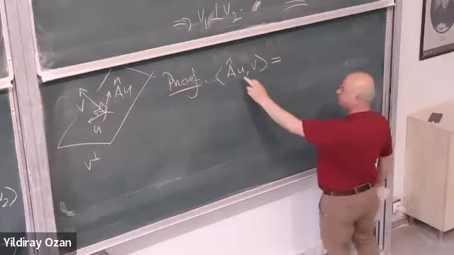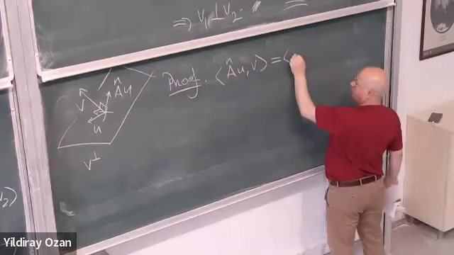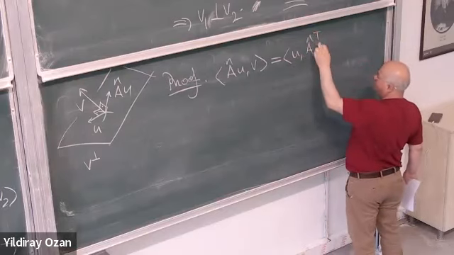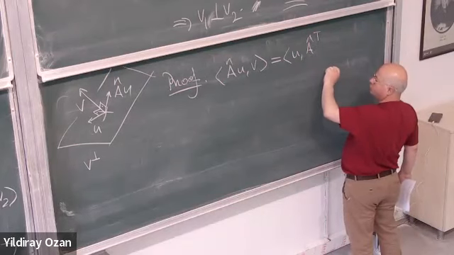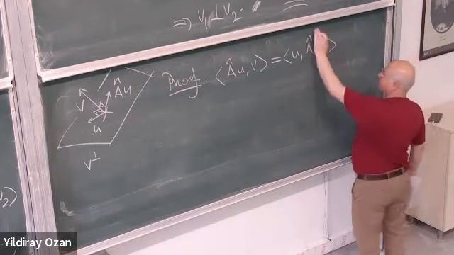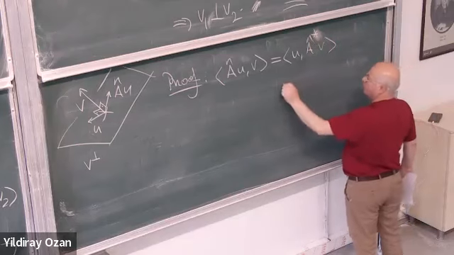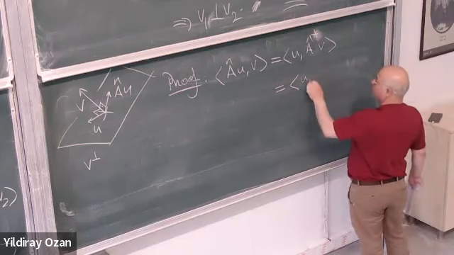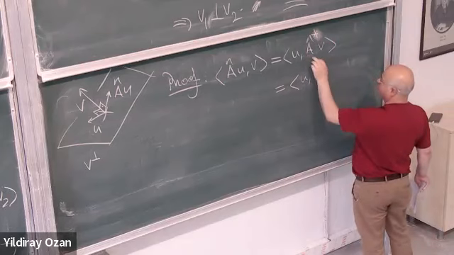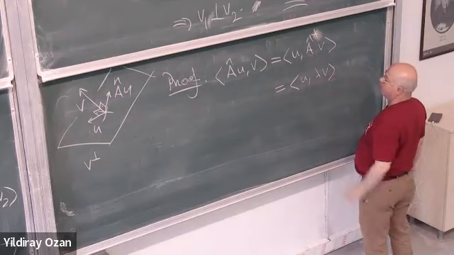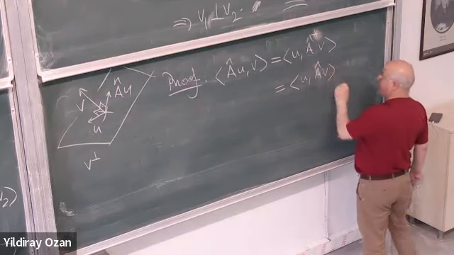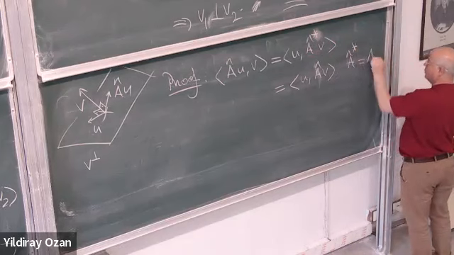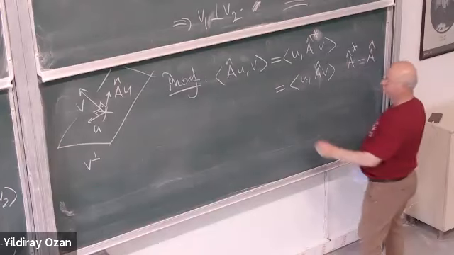Well, this is just U with A hat V, since A hat conjugate transpose is equal to A hat, it's a Hermitian or symmetric operator.